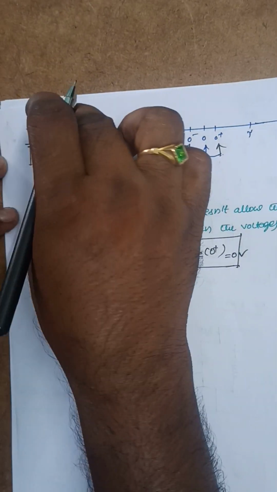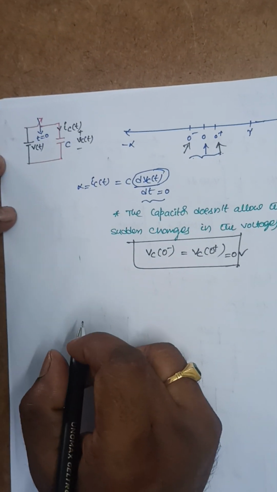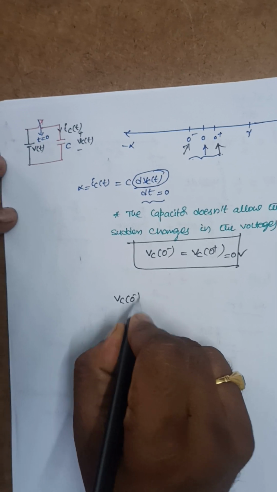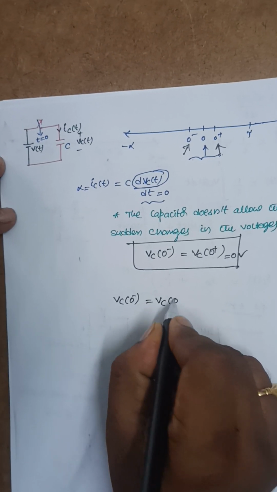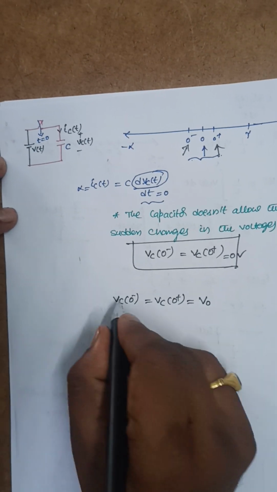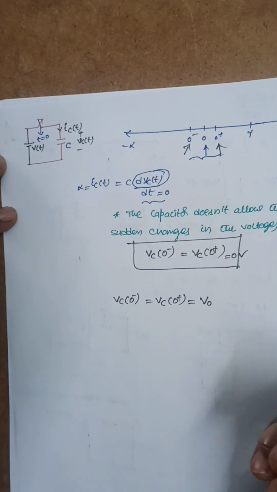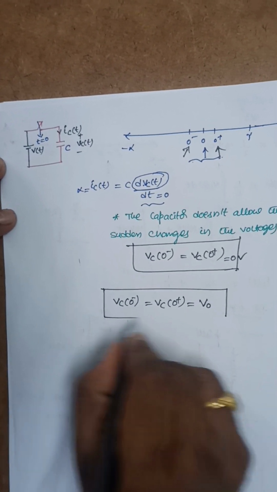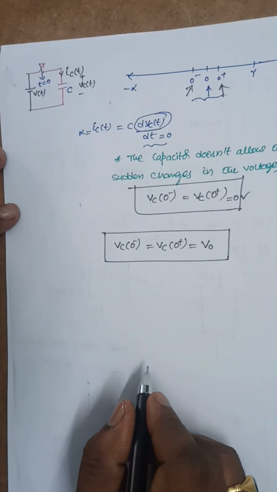Sometimes the capacitor will have an initial voltage. At that time, Vc of 0 minus is equal to Vc of 0 plus, which is equal to that initial voltage, I am assuming V0 volts, similar to I0 in the case of the inductor. So this is what we need to find.